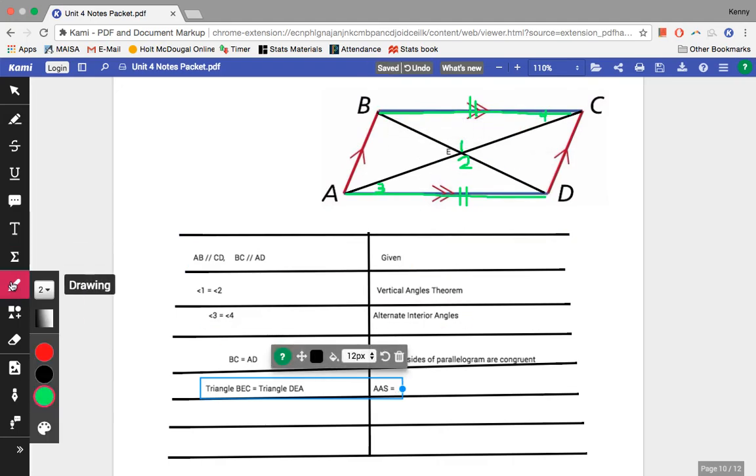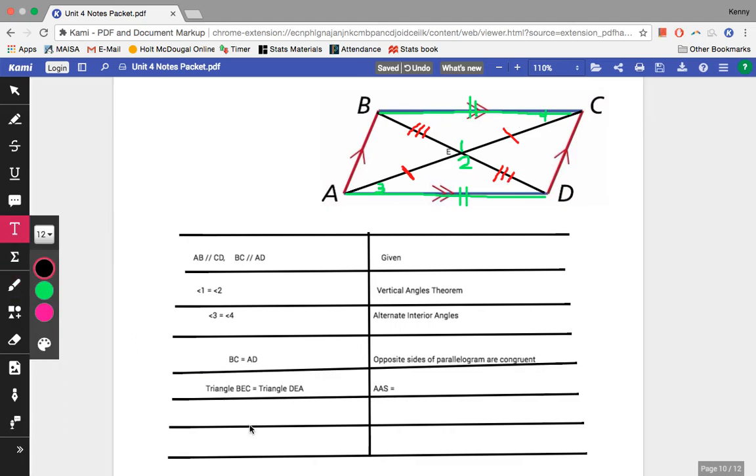Because I proved that they're congruent, that must mean that these sides here are equal and these sides here are equal. You remember what it's called when I say that if I prove the two triangles congruent, then everything about them is congruent? Remember what that's called?